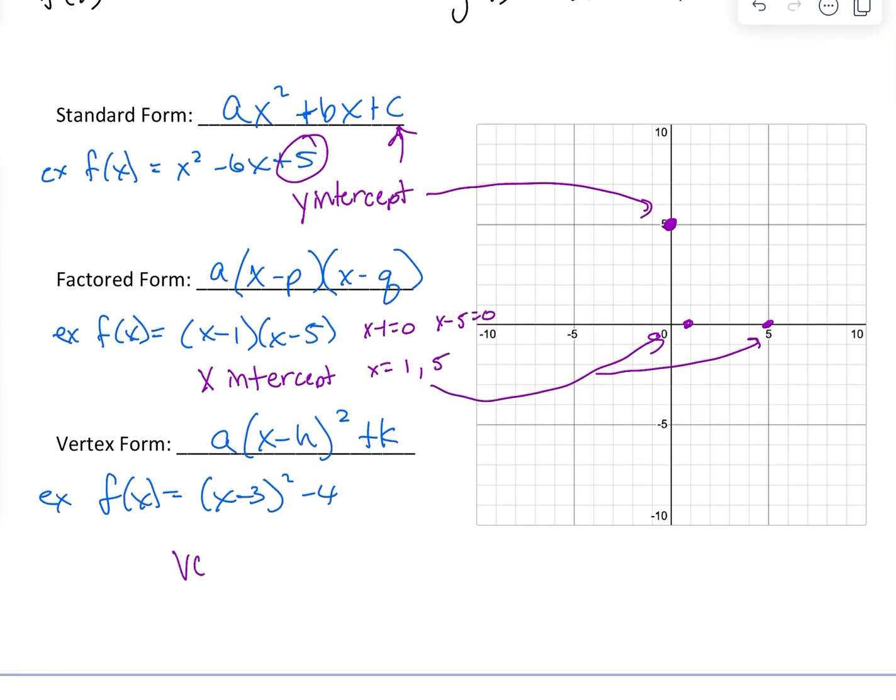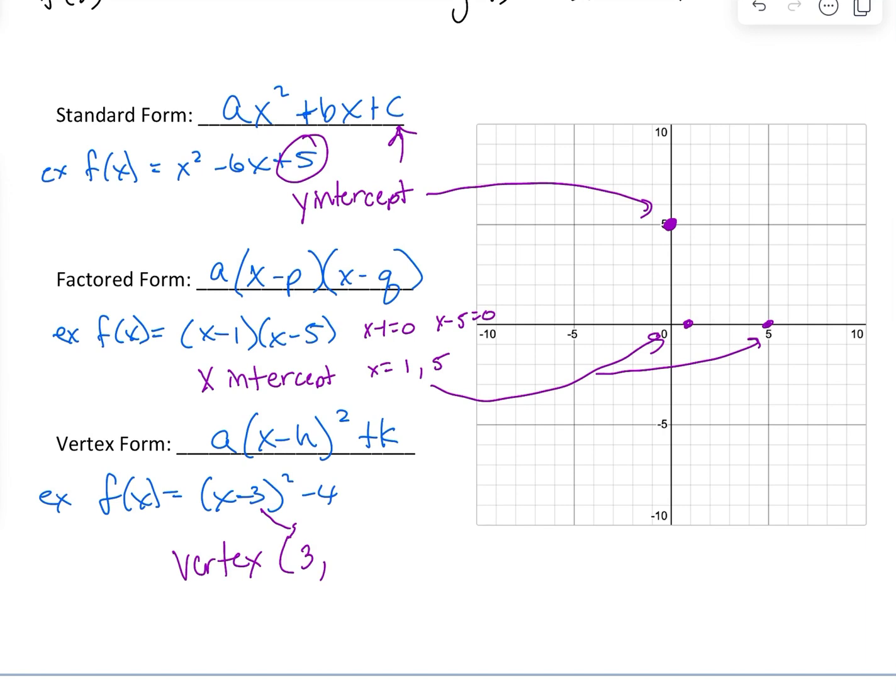And then the last one, we're seeing a vertex. Hence the fancy name of vertex form. And for this, now if I look on the graph here and I have these two x-intercepts, I know that my vertex should be somewhere in the middle of them. And in the middle is a positive 3. So that comes from this. We have this positive 3.